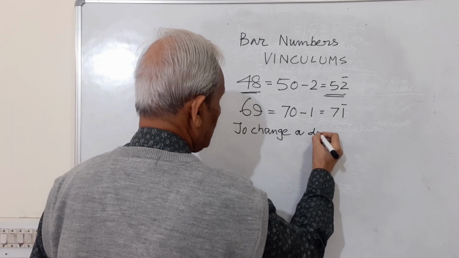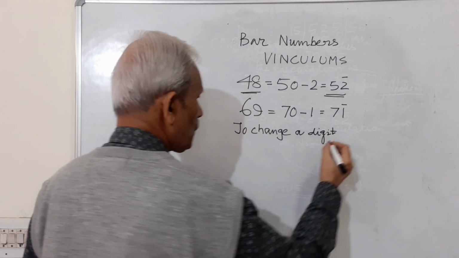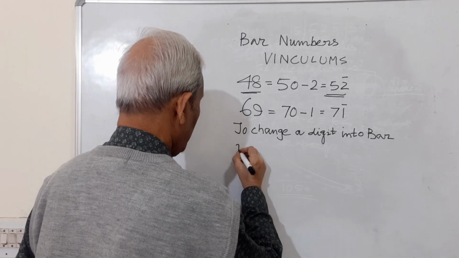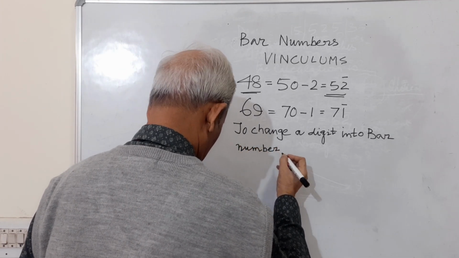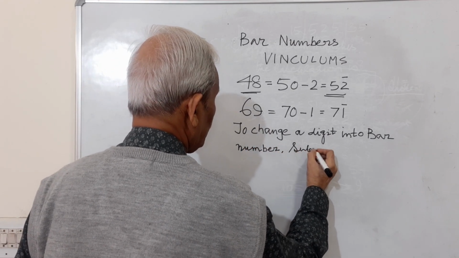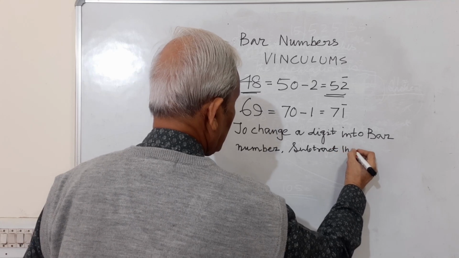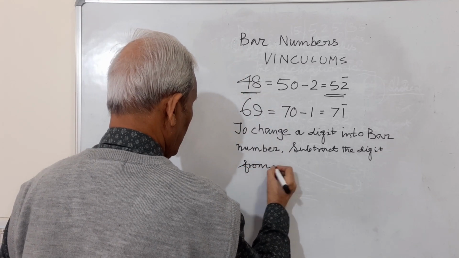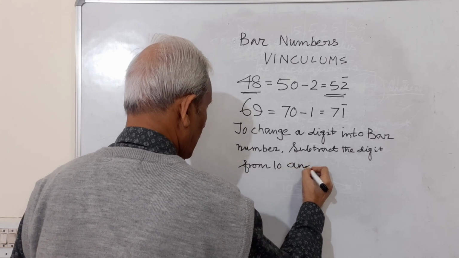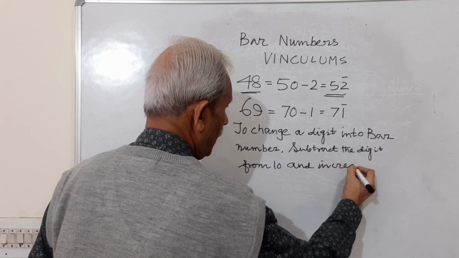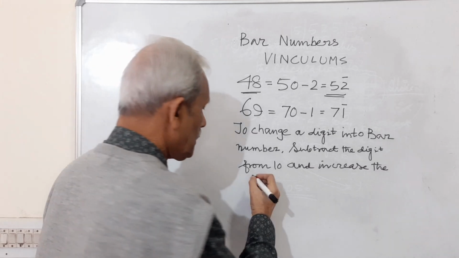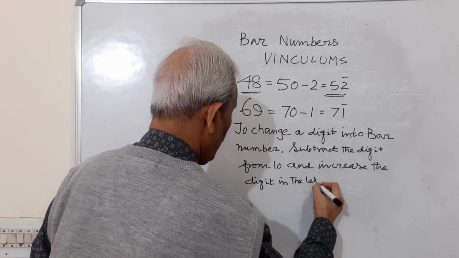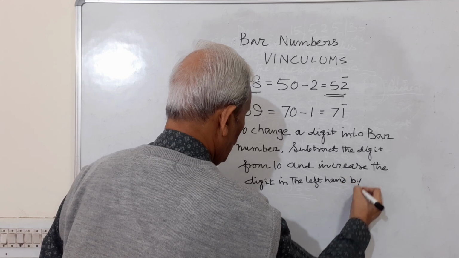To change a digit into bar number, subtract the digit from 10 and increase the digit in the left hand by 1.